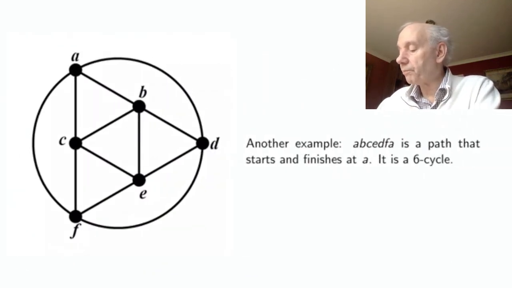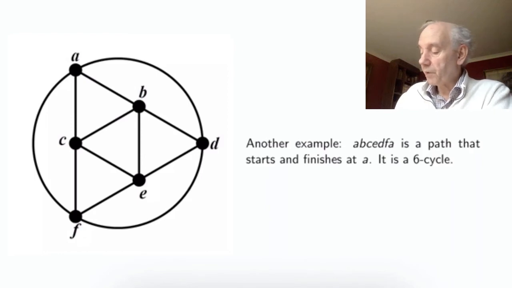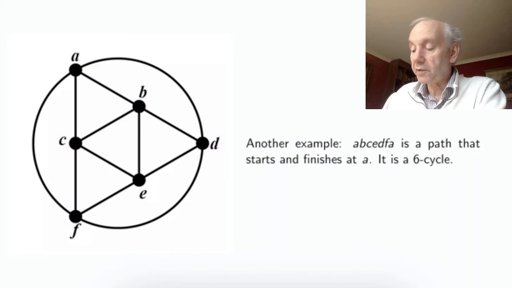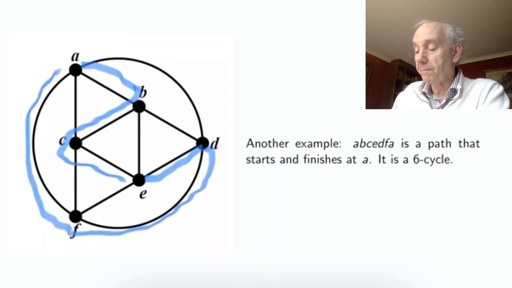Okay, now here's perhaps a more important closed path. It's an example of a 6 cycle I'm going to draw now. So this starts at A and it goes to B, and then it goes to C, E, D, I guess as before, and then it goes to F, and then it continues and goes back to A. Again, I'm not going to put an arrow on this.